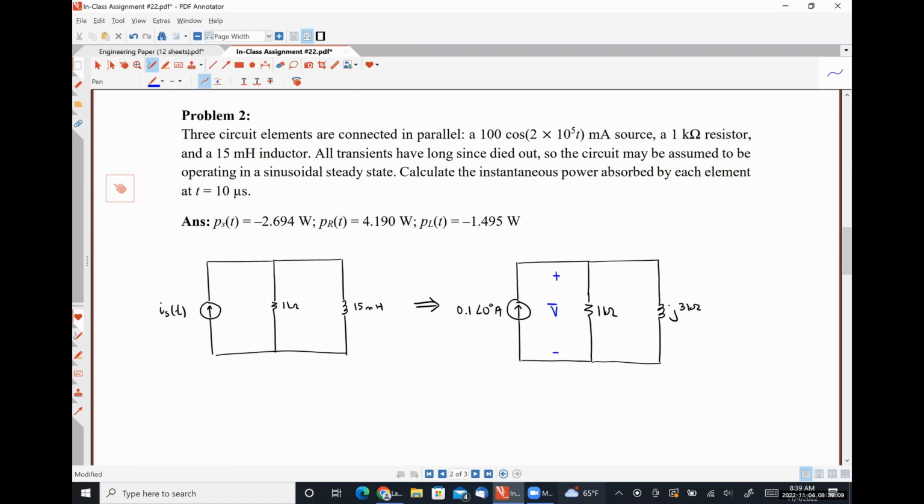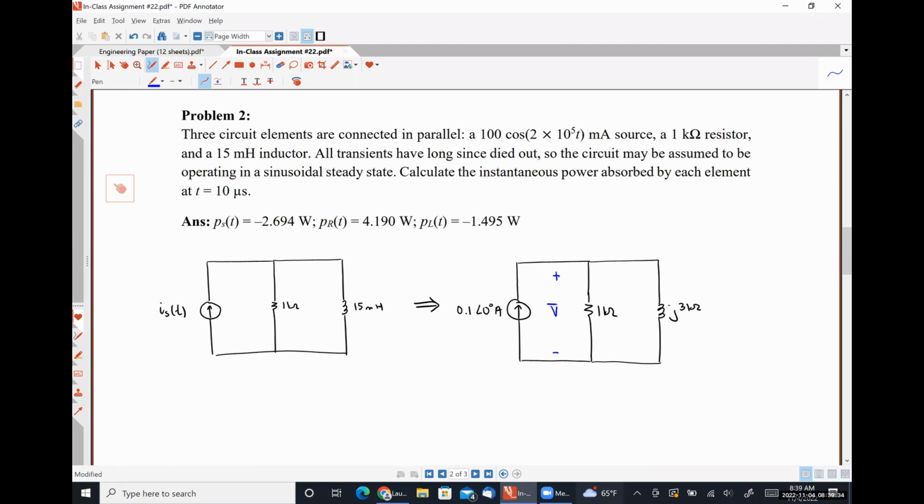So I am choosing to solve for this phasor voltage V because if I know the phasor voltage V, I have all of the information I need to calculate the instantaneous power absorbed by the resistor. I have all of the information that I need to calculate the instantaneous power absorbed by the inductor. And I have 97% of all of the information I need to calculate the instantaneous power absorbed by the source.